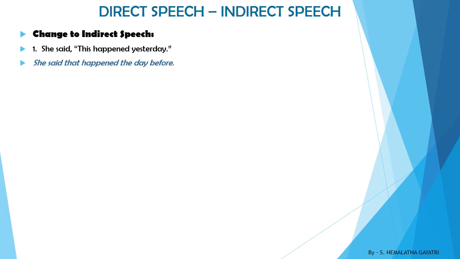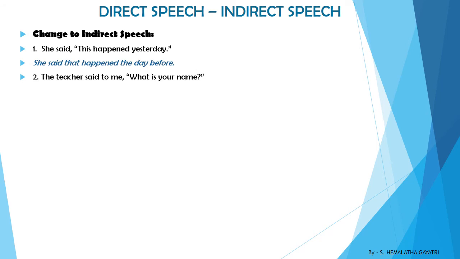Since we are removing the comma, we replace it with a conjunction that joins the reporting speech and the reported speech. So she said that. Again, this happened yesterday. This should change to that. In order to avoid repetition, we can say that happened will be the same. Yesterday will change to the day before. The answer will be: she said that that happened the day before.